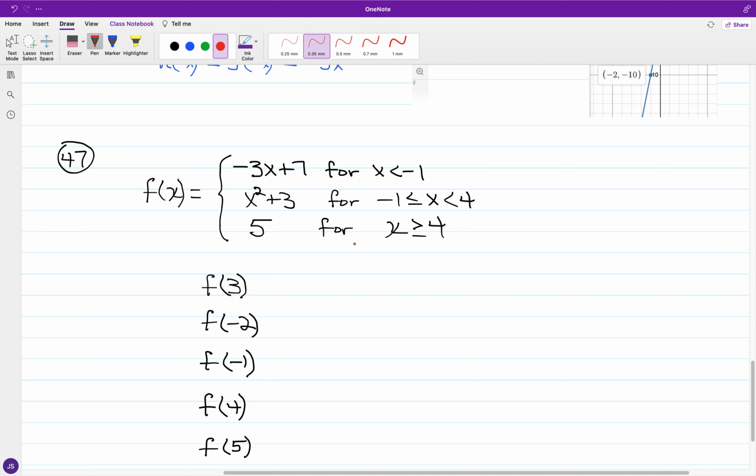So for 3, the input value of 3 is not less than -1, so the -3x plus 7 is not applied. 3 is greater than -1, so to state that -1 is less than or equal to 3 is less than 4, that is going to apply.